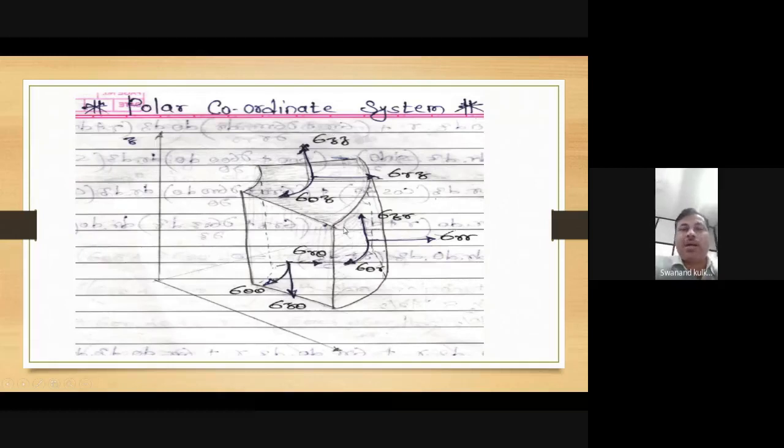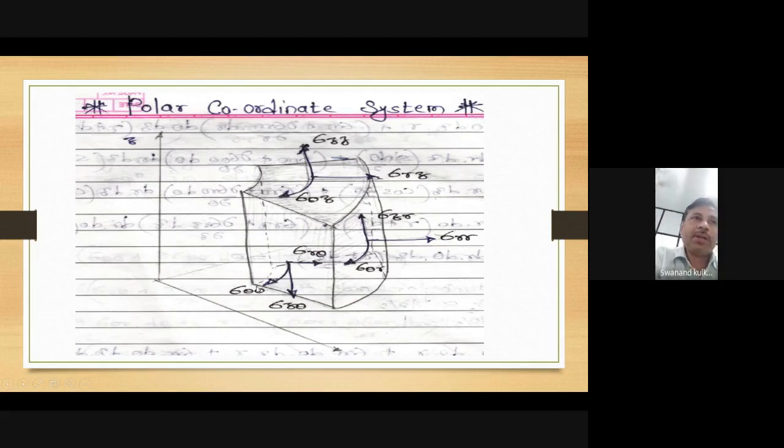Is it okay? Here we consider this as along the thickness, and this as along the radius, and this as along the angular direction.